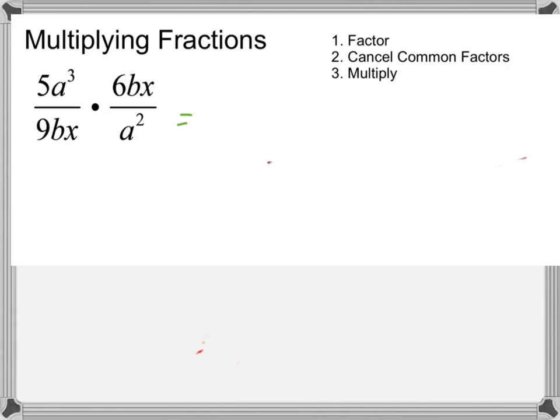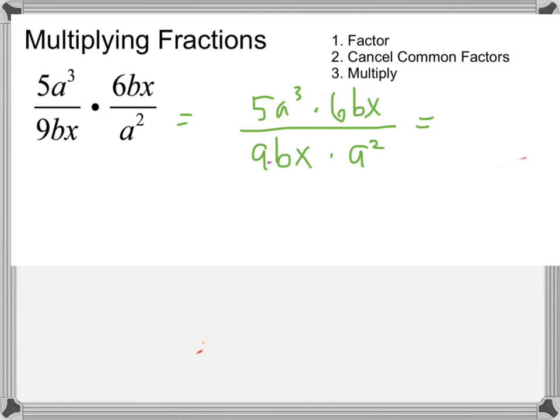So this is really just 5a to the third times 6bx over 9bx times a squared. And I can also rearrange it, because multiplication is commutative. Don't actually perform the multiplication, because a lot of times it's not complicated with monomials, but it will be complicated when you get to trinomials and binomials.